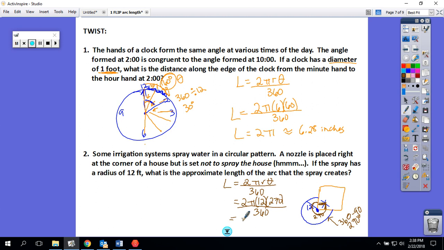So we can punch that in the calculator, hit the fraction button. 2 pi 12 times 270 over 360 gives me 18 pi. Double arrow. That's about 56.548, so about 56.55 feet would be the length of the arc of that spray.